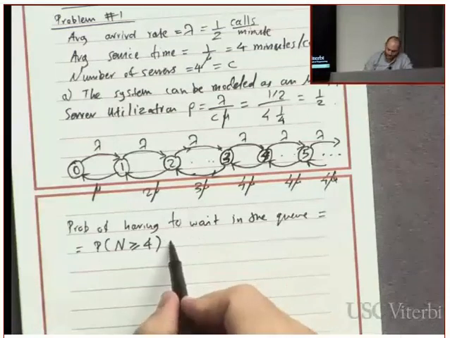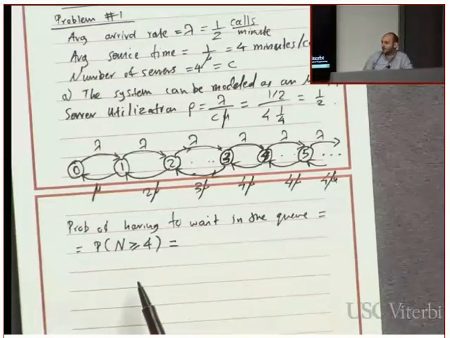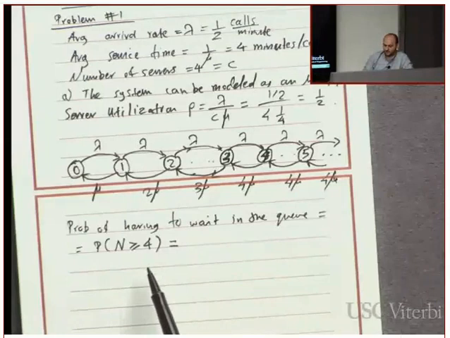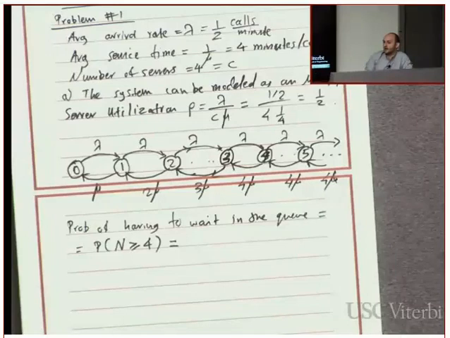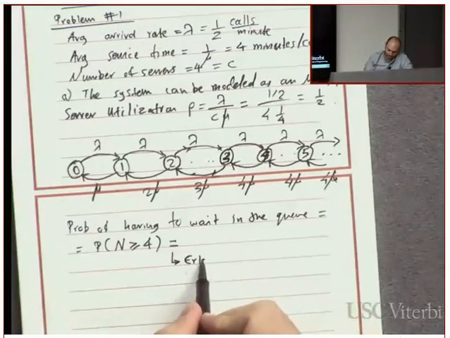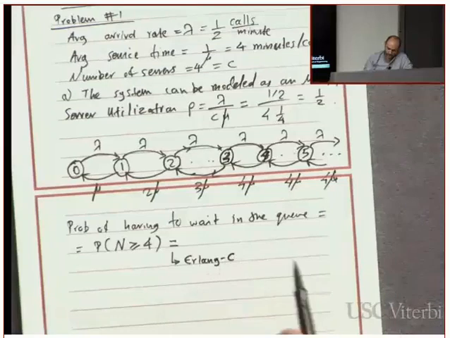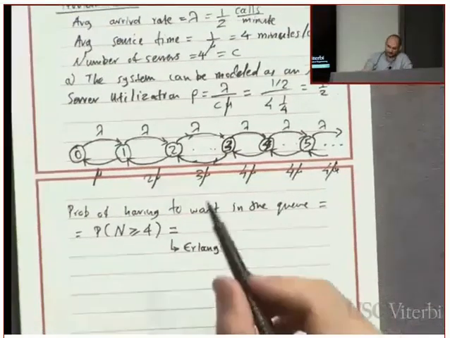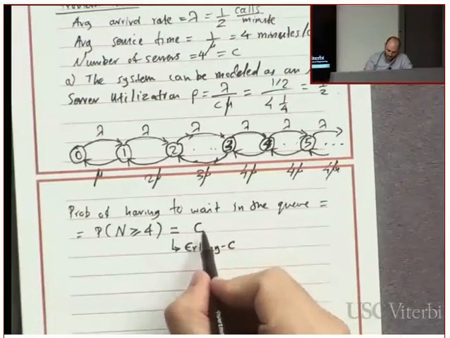So for that, this is a very well-known formula. It used to be very popular when they had all these old telephone systems, and it showed the probability that you have to wait because all the lines are busy. This is called the Erlang-C formula. It's a complicated formula, but there is a short representation for it.